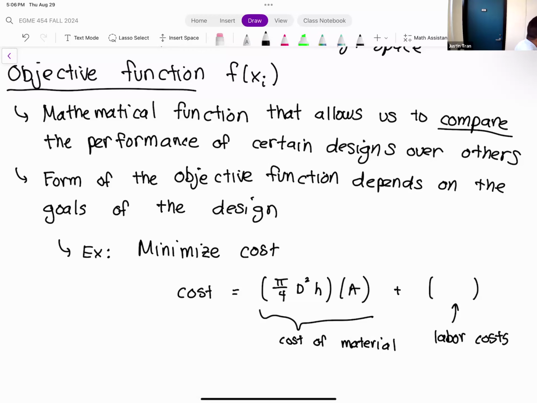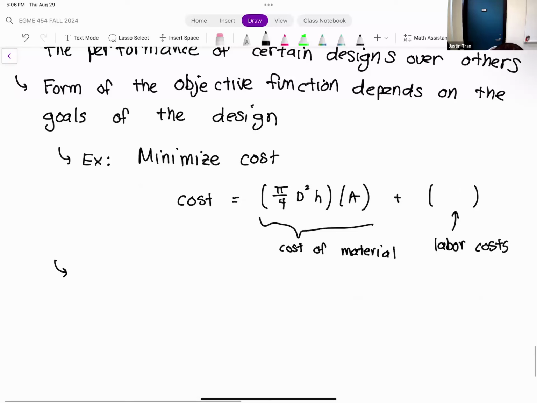So cost is always one. The cost is usually a pretty straightforward thing. Usually you can account for the cost even before you construct it, right? Usually it's a straightforward equation of how much material you're using, how long it's going to take, and how much labor it's going to take to produce it, okay?